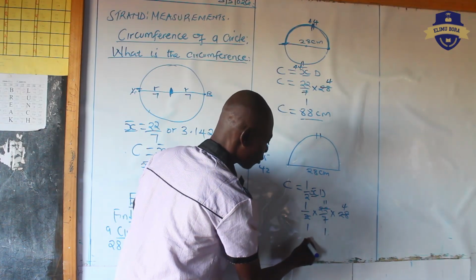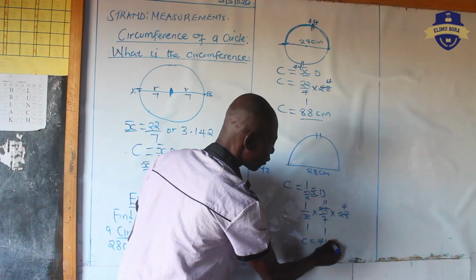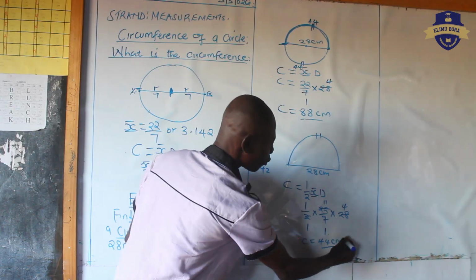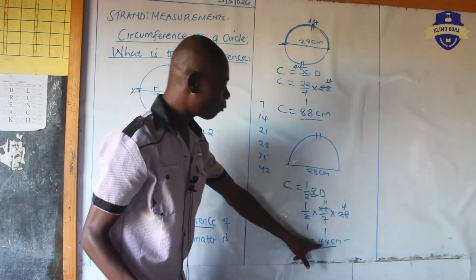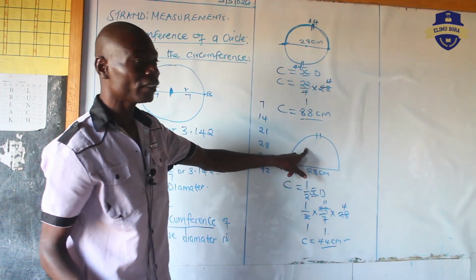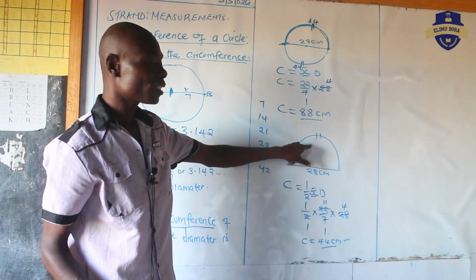So 11 times 4, you get what? You get 44 centimeters. This will be the answer. Remember, 44 is now the circumference of this semicircle.